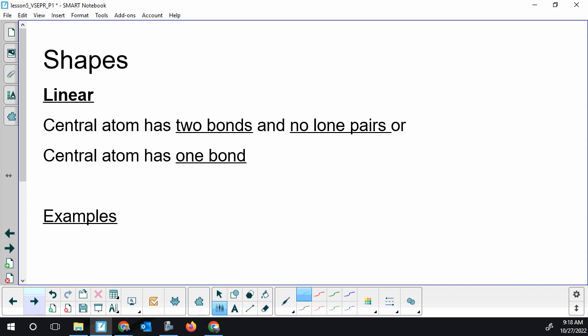The top line is a bit more complicated. I'm going to draw out a bunch of examples of a central atom with 2 bonds and no lone pairs. A central atom bonded to one thing, we're going to cover quickly. You're rarely tested on it. That'd be like H to F. There's only one bond, well then it has to be straight. That's kind of boring.